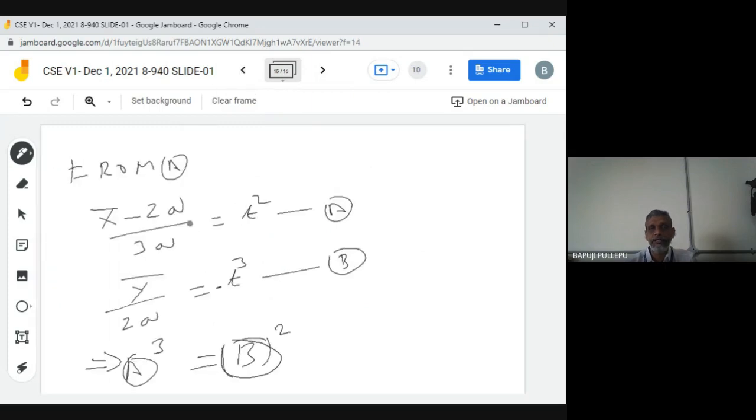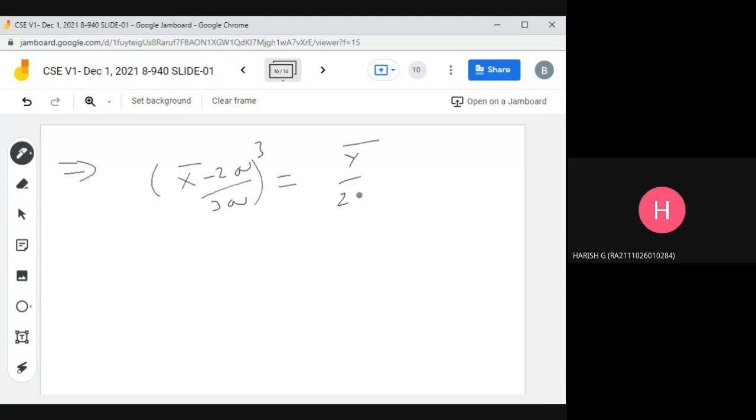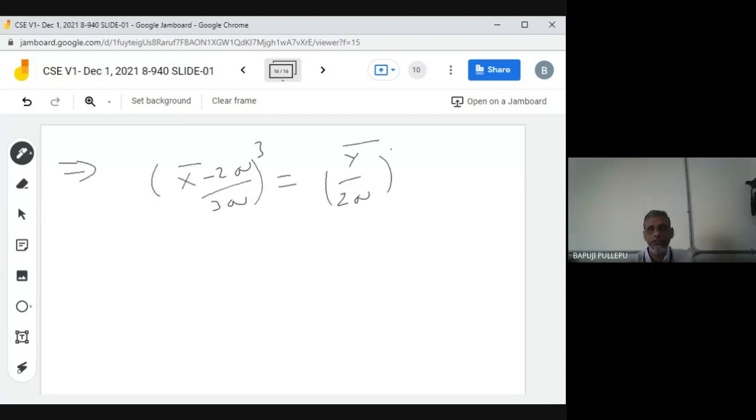X bar minus 2a by 3a whole cube is equal to y bar by 2a whole squared. Simplify, still simplify.